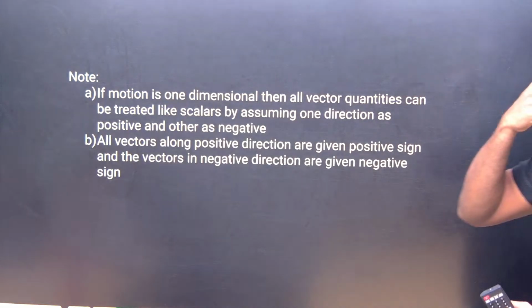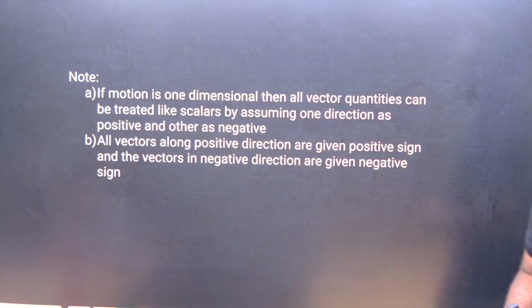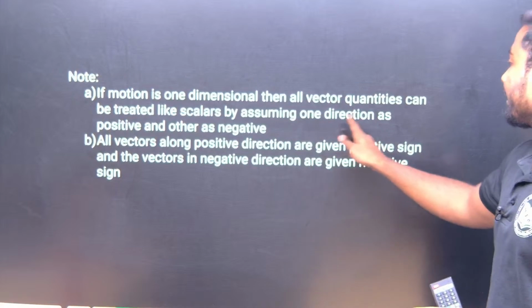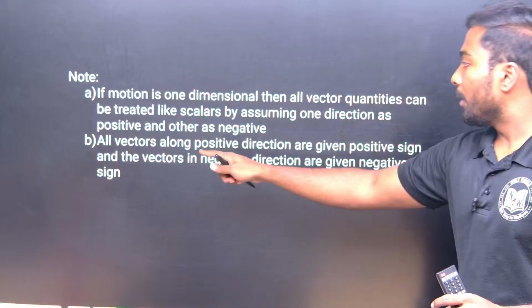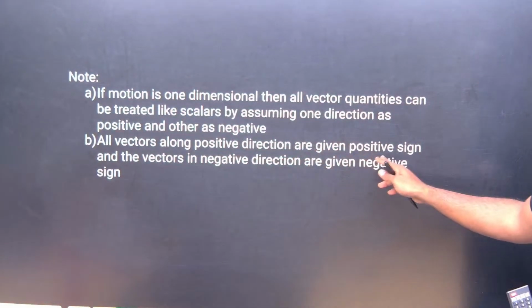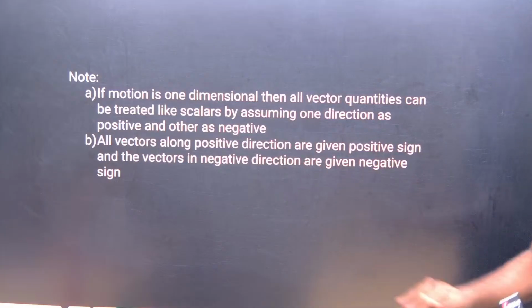Note this point: if motion is one dimensional, then all vector quantities can be treated like scalars, assuming one direction as positive and the other as negative. All vectors along the positive direction are given a positive sign and vectors in the negative direction are given a negative sign.